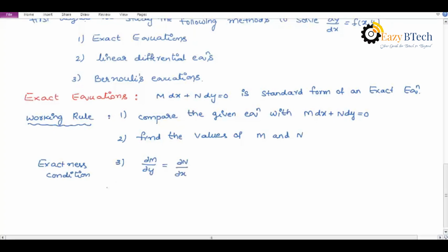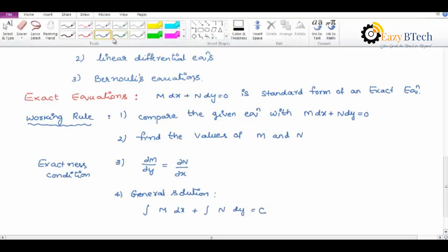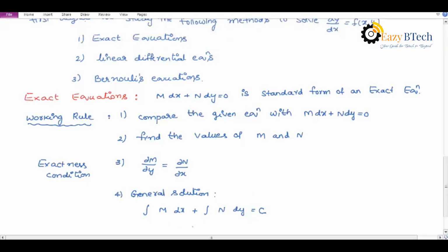And the fourth, for the general solution, integral M dx plus integral N dy is equal to c. One important thing to remember here: the second integration is free from x.